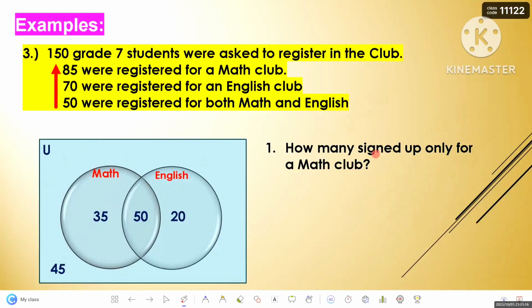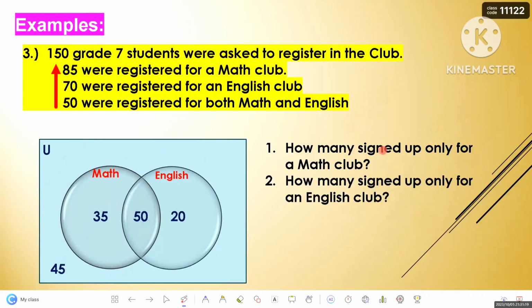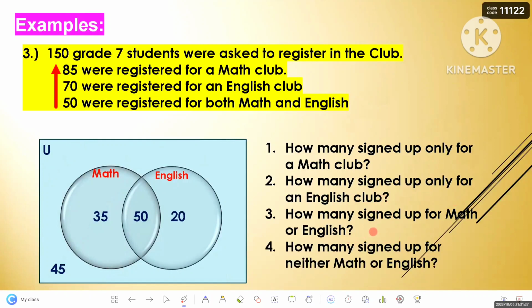Number 1, how many signed up only for a math club? Number 2, how many signed up only for English club? Number 3, how many signed up for math or English? Number 4, how many signed up for neither math or English? Let's take number 1, math club only. Pag sinabing only, hindi mo pwedeng isama yung sa English. So, 35 ang nakikita natin.